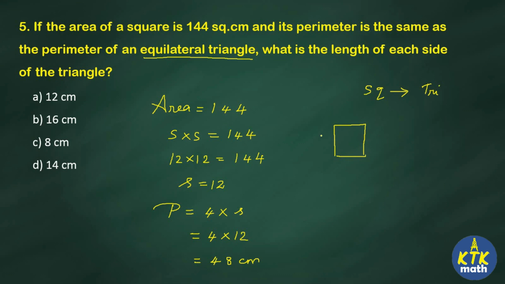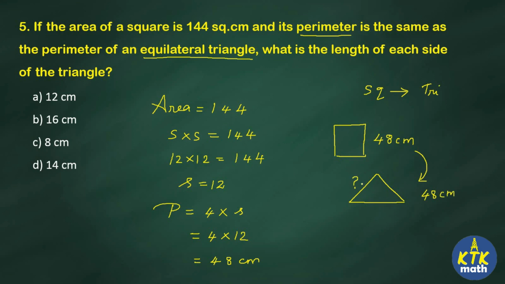In that square, the total length of boundary is 48 centimeter. Again, you will have an equilateral triangle. Equilateral triangle means all the sides are equal. In the question, the clue is perimeter of square and perimeter of equilateral triangle are equal. So for square perimeter 48 means this triangle perimeter also 48 only.